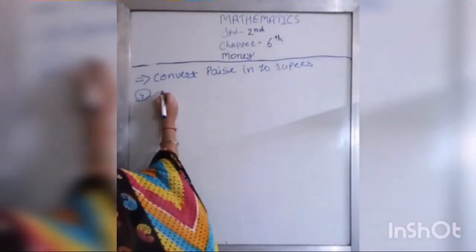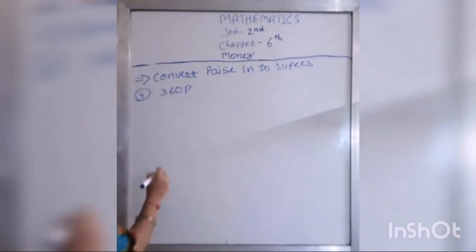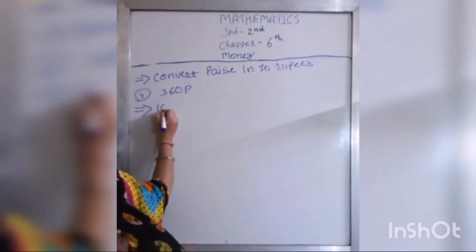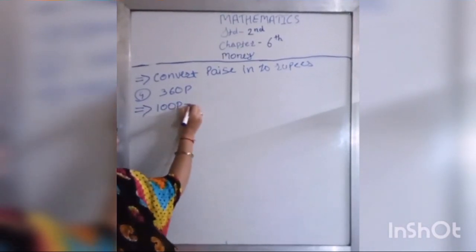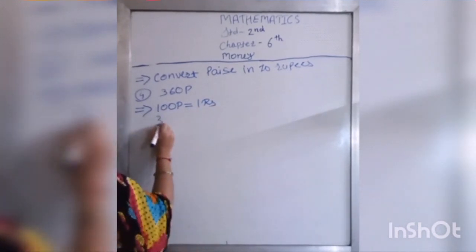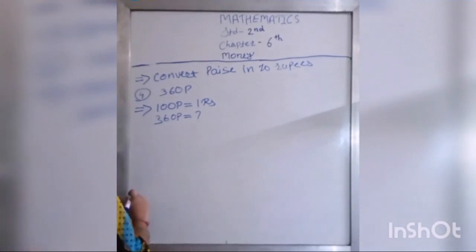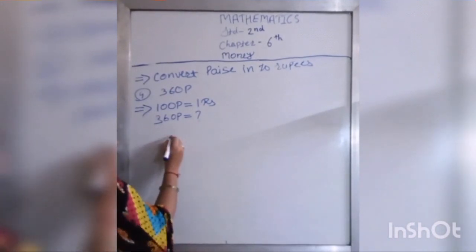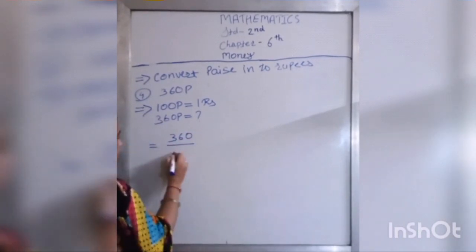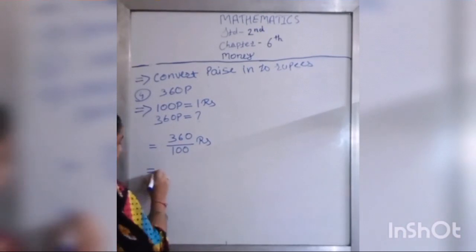Example: 360 paise, that we have to convert into rupees. We know what the first step is: 100 paise is equal to 1 rupee. So 360 paise is equal to how many rupees? What will we do here? We will divide 360 by 100, so it will convert into rupees.